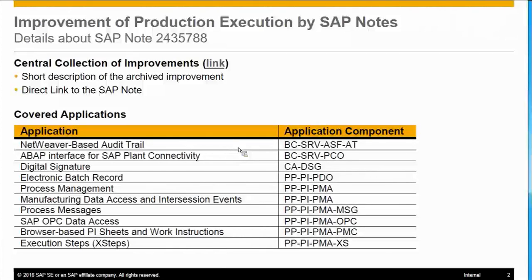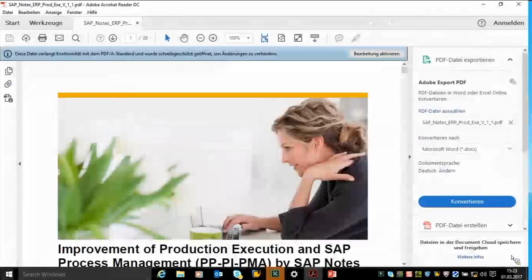And there, the digital signature including the digital signature tool, the electronic batch records, then the process management and components that are part of the process management, like the manufacturing data access and inter-session eventing, process messages, the SAP OPC data access, of course browser-based PI sheet, and the electronic work instructions and execution steps.